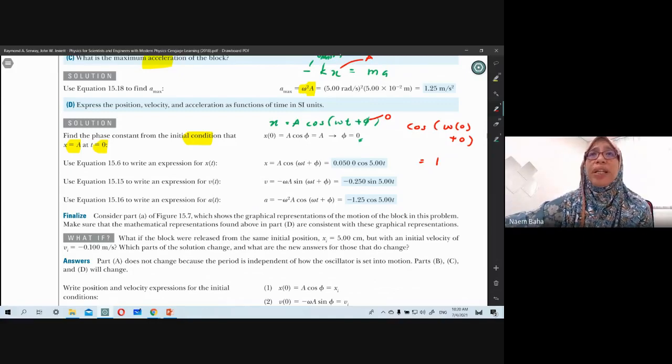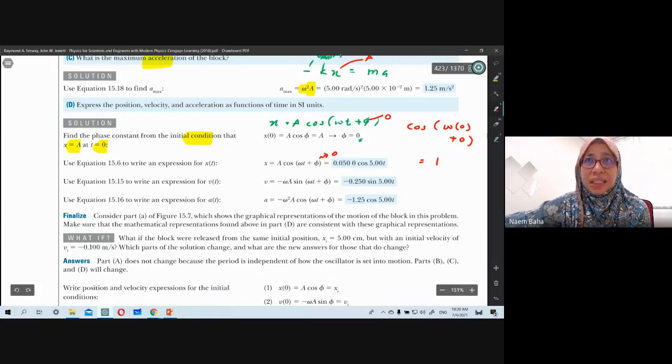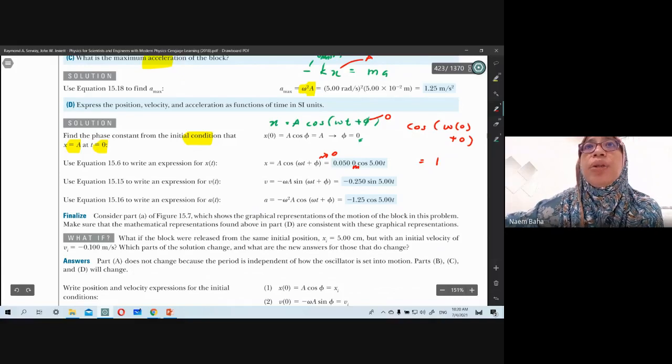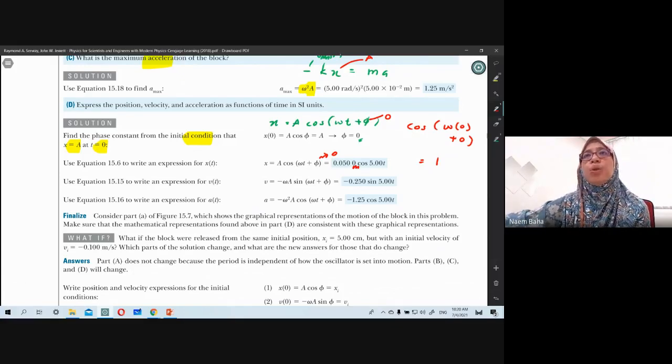Therefore, this expression would be simplified by considering this as 0. So 0.05, this expression is missing something. It should be together with units. So it should be written as 0.05 meter cos 5t.